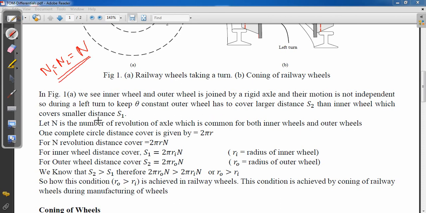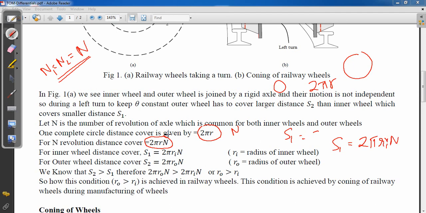In one complete circle, the distance covered by a wheel is 2 pi r, because the wheel is in the form of a circle. For one revolution it is 2 pi r; for n revolutions, it is 2 pi r n. So we are calculating the distance of the inner wheel, S1, in that rotation. It will be 2 pi r_i n. In traveling S1 distance, the number of revolutions is n.